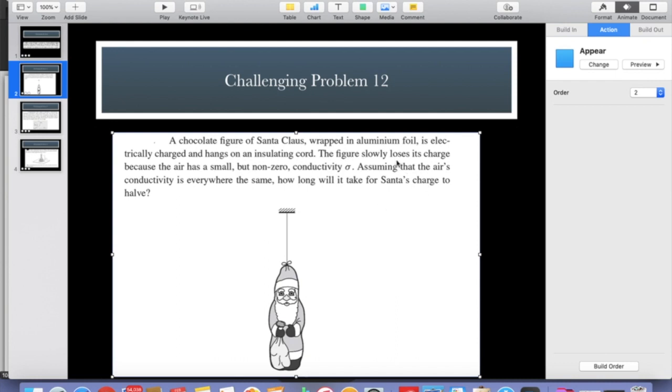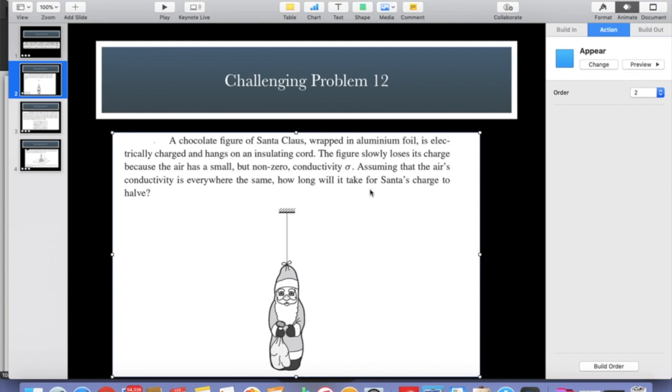The figure slowly loses its charge because the air has a small but non-zero conductivity sigma. Assuming that the air conductivity is everywhere the same, how long will it take for Santa's charge to halve?